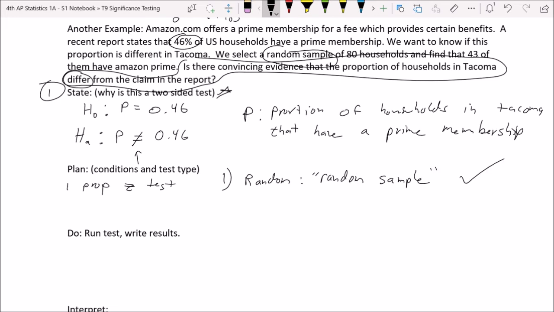Check. Condition number 2, 10%. We can safely say that 80 is less than 10% of Tacoma households.